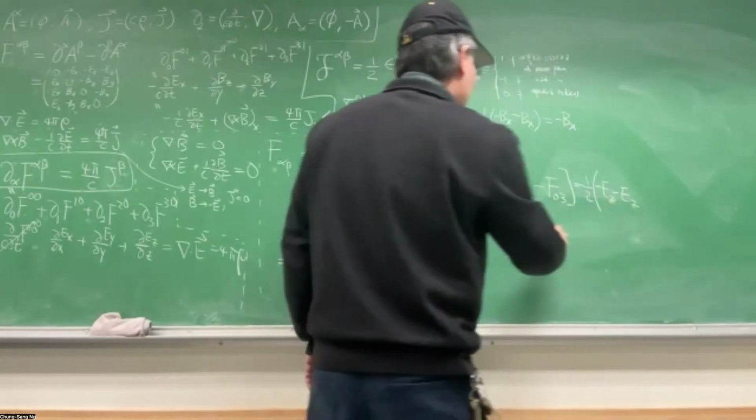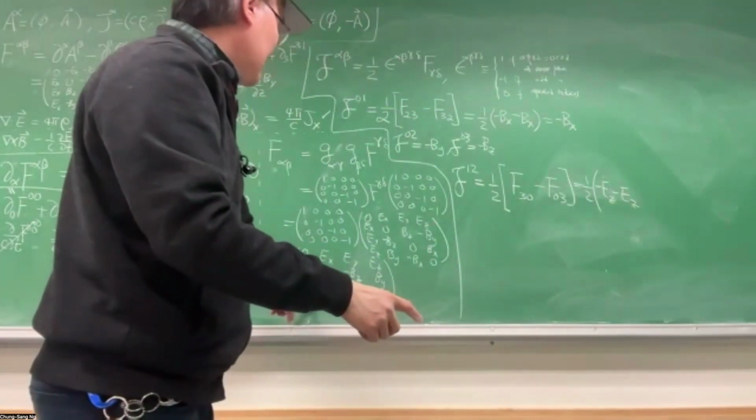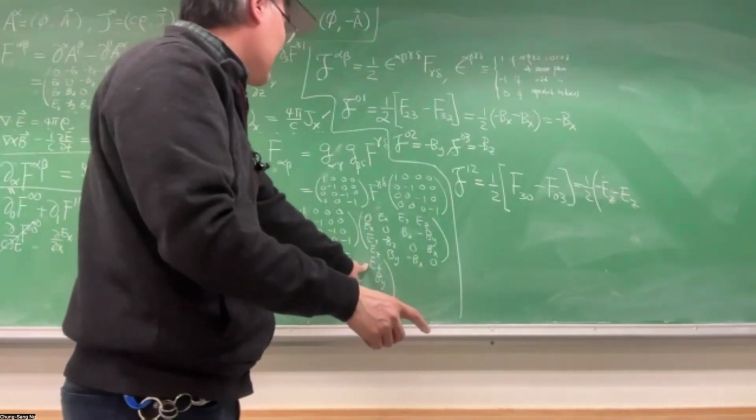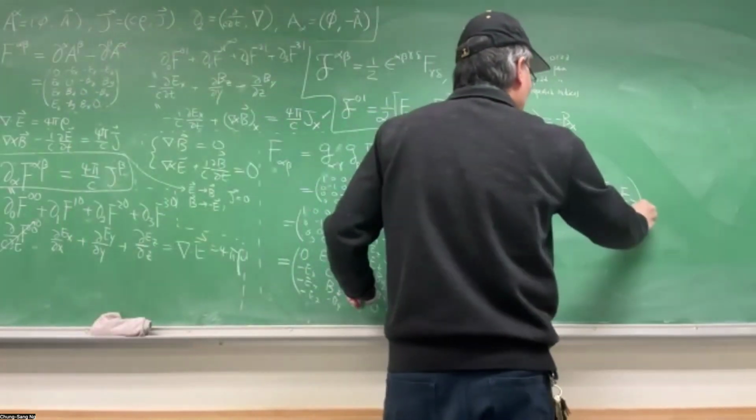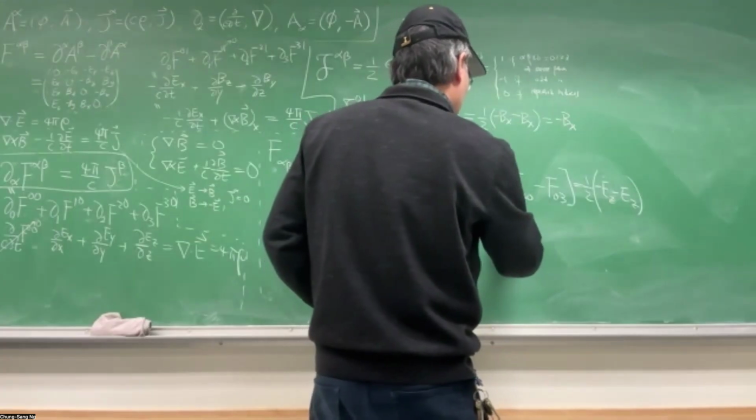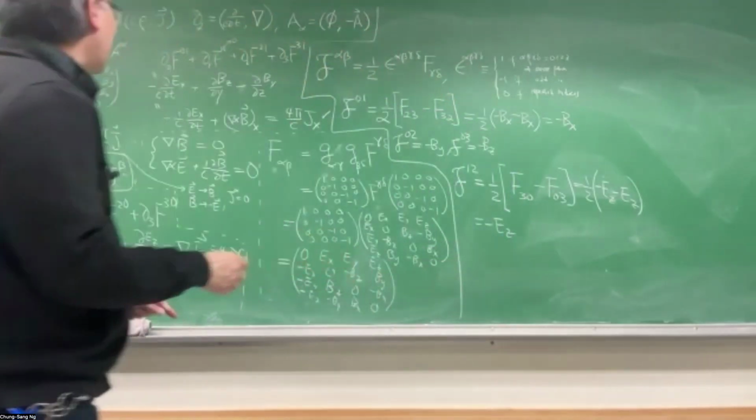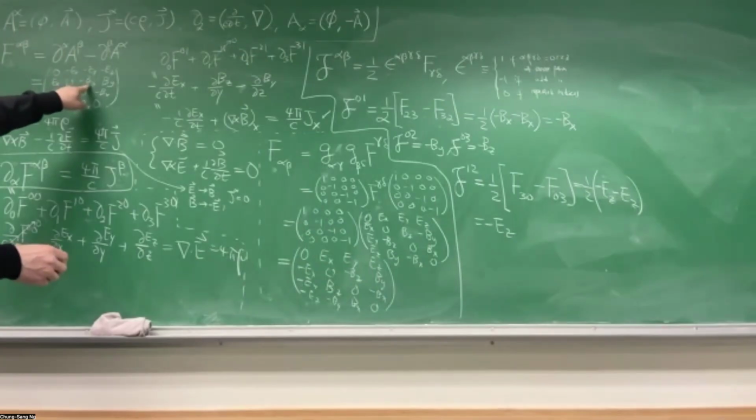The 3 CO is this one, minus EC. CO3 is this one, EZ. So altogether is just minus EZ. So 1, 2 is this one. Instead of BC now, it's minus EZ.